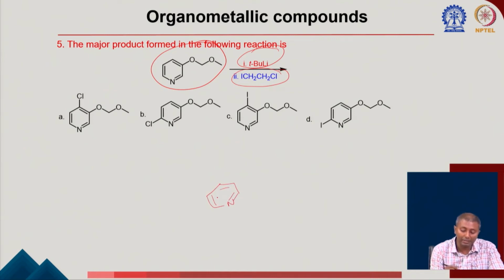Now we have to understand that, I think in the previous classes when I was talking about the pyridine, one thing I have clearly mentioned is that once you talk about the abstraction of these 3 different protons and the rate of abstraction, if this is 1, this is 72, this is 700. Okay. So formation of carbanion in case of pyridine in the 4 position is the most preferred one. So here also, instead of the 2 position, the MOM protecting group can act as a directing group here.